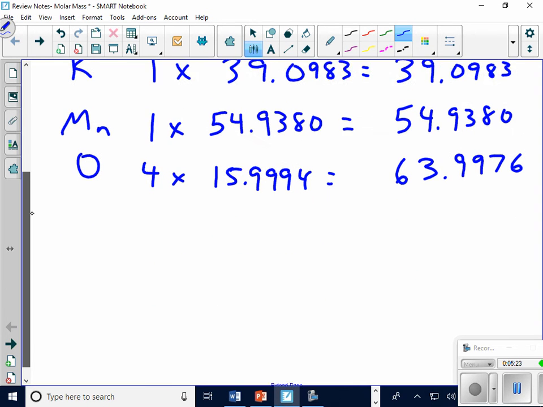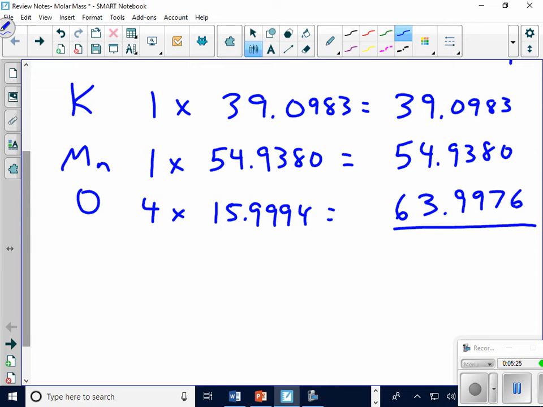So what I'm going to do is take those three values, 39.0983 plus 54.9380 plus 63.9976, and I'm going to come up with 158.0339 grams. Would we agree on my math? I didn't plug a number in the calculator wrong. Did somebody else get that value? All right.